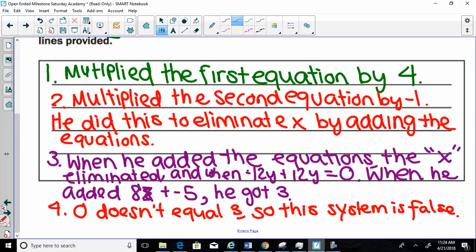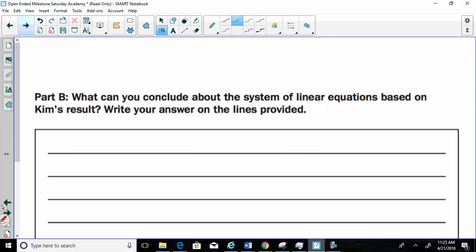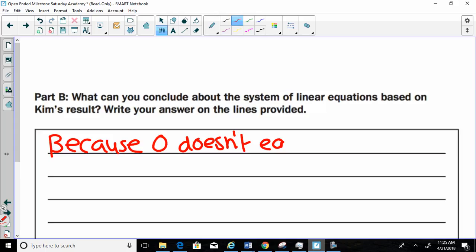And the next part is what can you conclude about these? So does everyone have this down? Okay. So next part, what can we conclude because 0 doesn't equal 3?